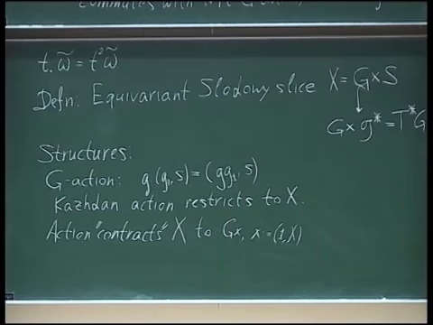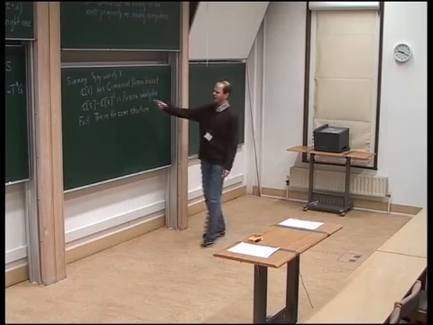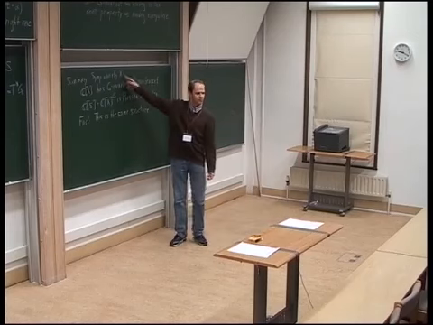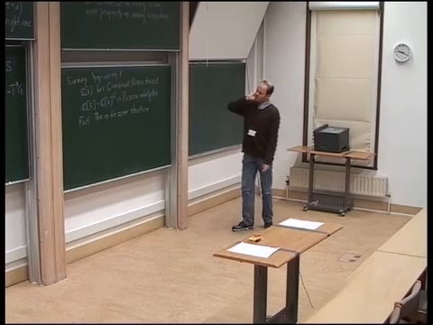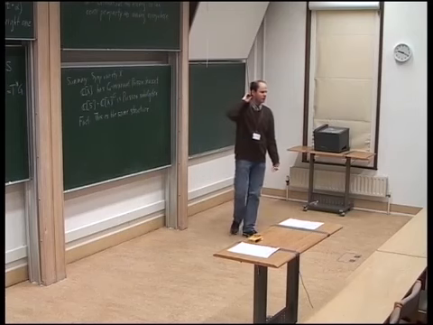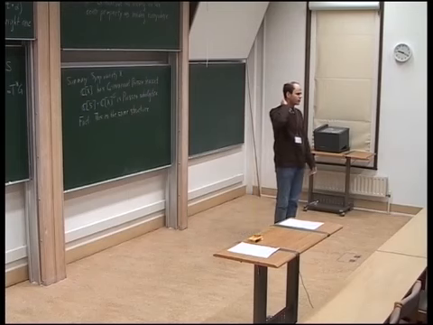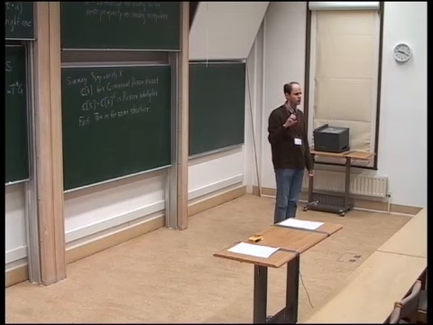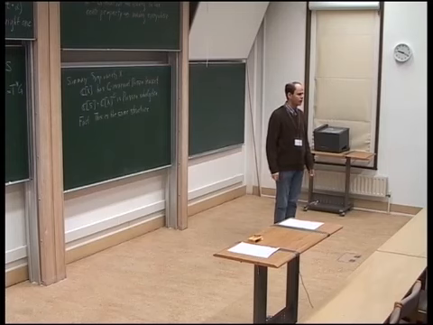Now actually, why do I need this X? The point is that I'm going to consider the quantization problem, and it's known generally that the quantization problem on arbitrary Poisson varieties, even on Poisson affine spaces, is very difficult.